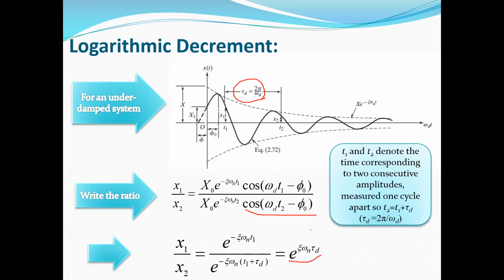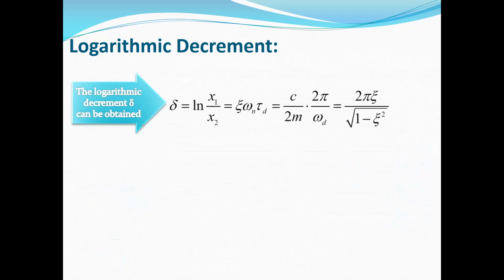Then we can find the ln of this term, which is called the logarithmic decrement, delta. So delta is equal to psi omega n tau d, and instead of tau d we substitute 2 pi divided by omega d, and psi times omega n, which is equal to c divided by 2m, and then you can simplify this equation.